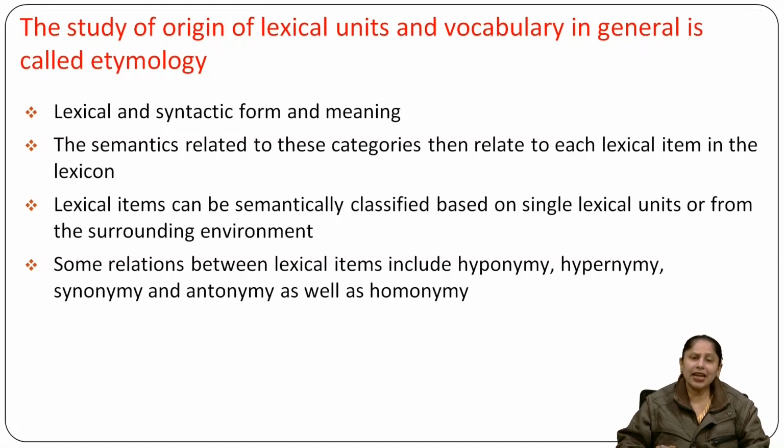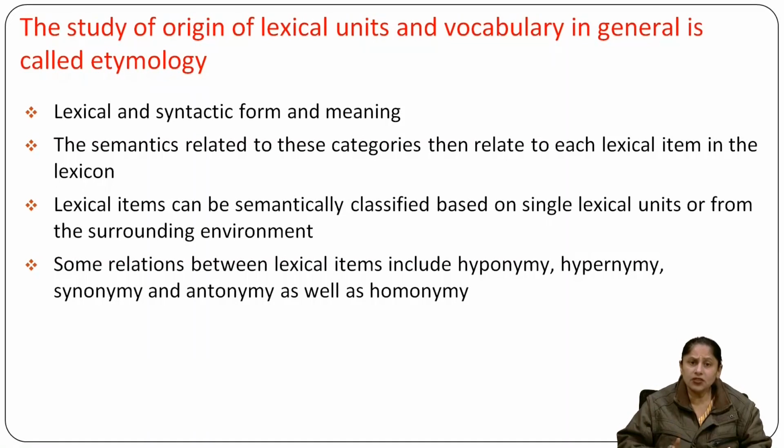So lexical and syntactic form and meaning are going to be a similar part in the study of lexical semantics. Semantics is related to those categories and then relates to each lexical item in the lexicon. So it means that each particular thing which is related with language or with the word could be categorized under the lexical item.